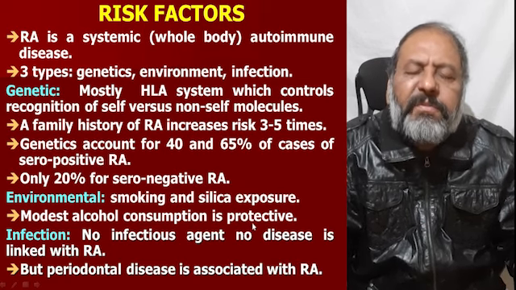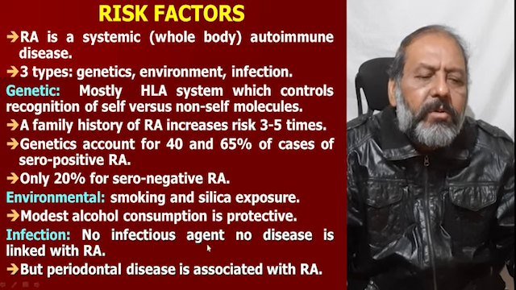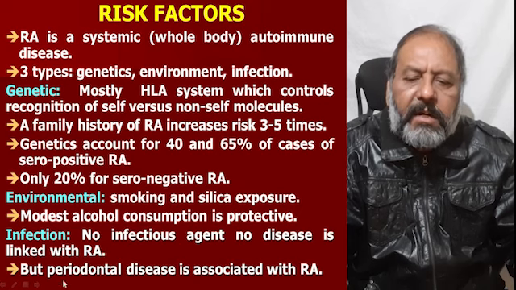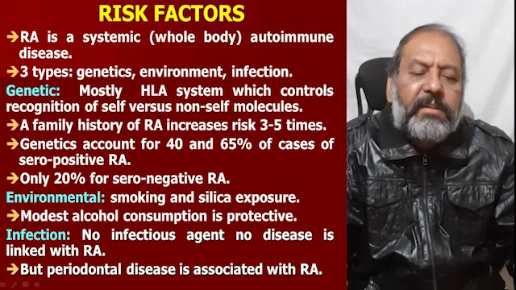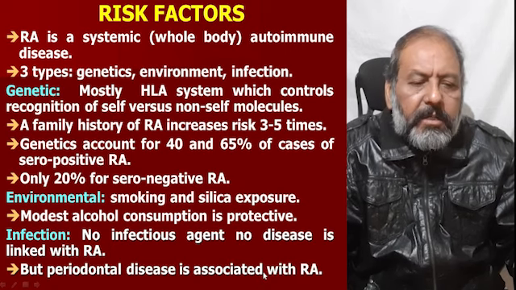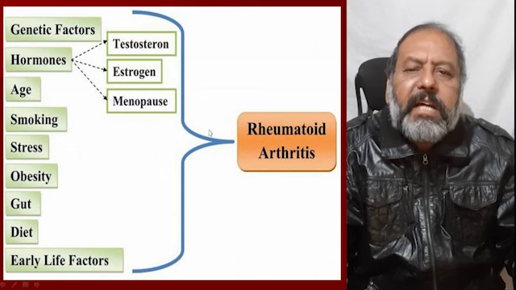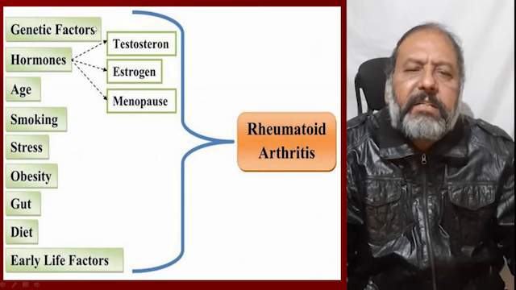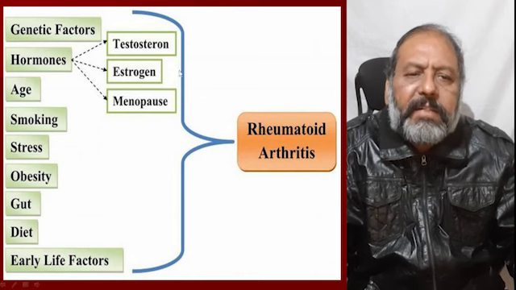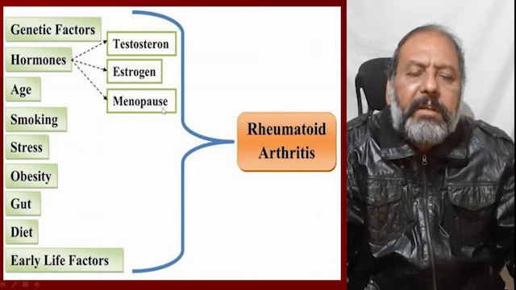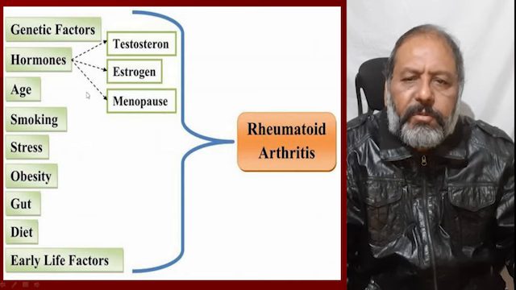Now, the third risk factor is infection. No infectious agent is linked with rheumatoid arthritis, but it is said that periodontal disease is associated with rheumatoid arthritis. Among the different factors, one can consider the genetic factor and certain hormones like testosterone, estrogen, and menopause causing osteoporosis.